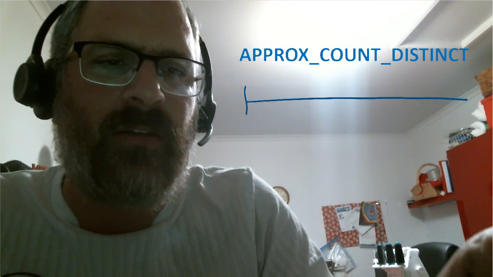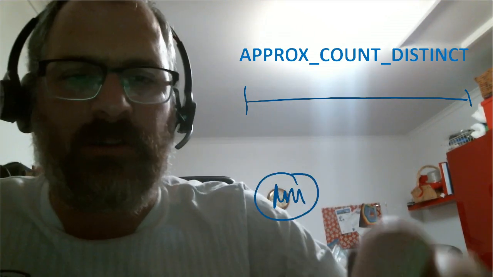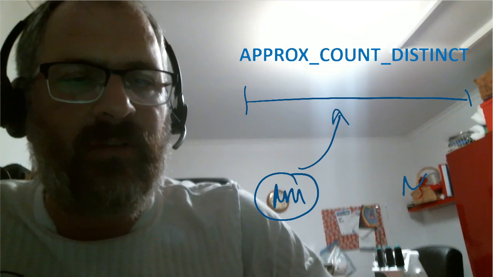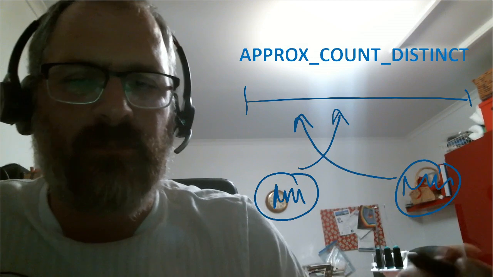Now, the principle works like this. If we consider that we're applying a hash function to something, we get some value, and I'm going to say that that value appears on a line of the possible values that we could have. So you imagine there's some value, and we apply a function to it, and that value lands on this line somewhere. We have a different value, and this lands somewhere else, right?